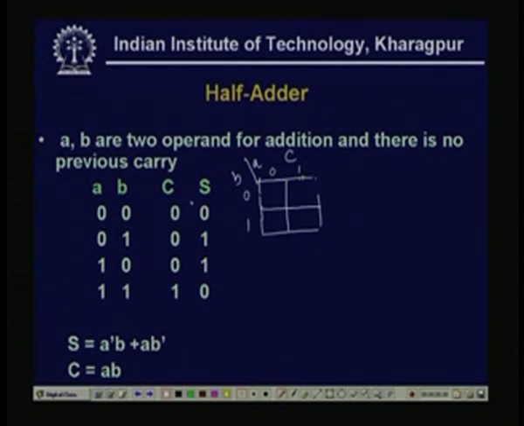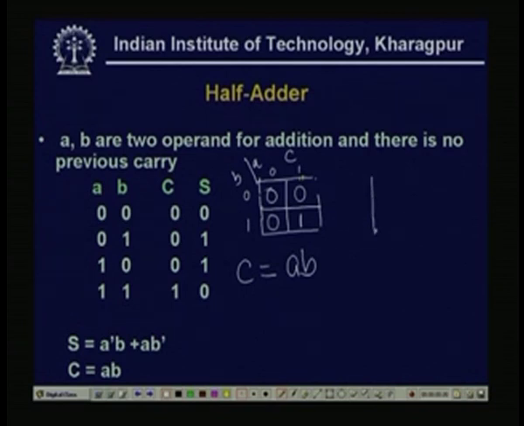For 0 0 carry is 0, 0 1 carry is 0, 1 0 carry is 0, 1 1 carry is 1. So only C equal to AB realizes it.